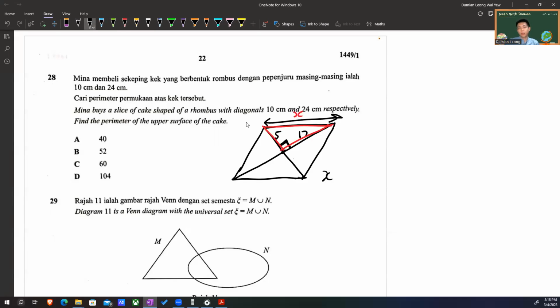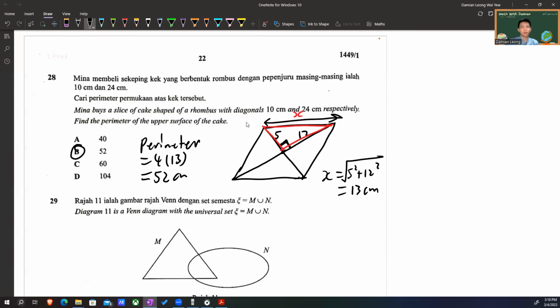X is the square root of 5 squared plus 12 squared, because that's the hypotenuse. By Pythagoras theorem, I get 13 cm. One side is 13 cm, and all the sides are the same, so 4 times 13 is 52. Answer B, 52 cm. That's the perimeter.